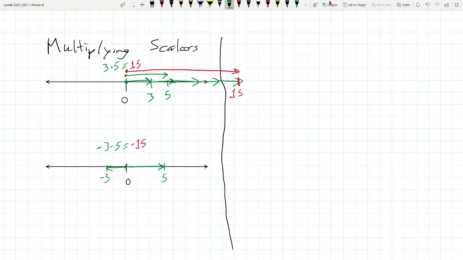So I'll just run that once, twice, 3 times, 4 times, 5 times, and that's how we end up with negative 15. Okay? So let's try to use that same explanation to talk about how to multiply vectors.